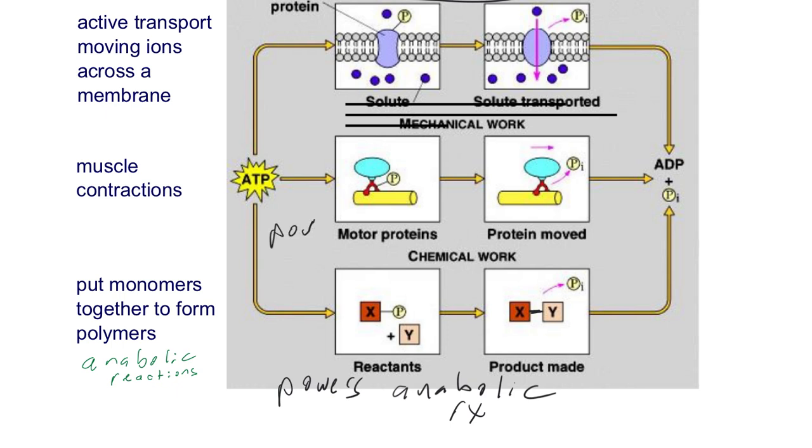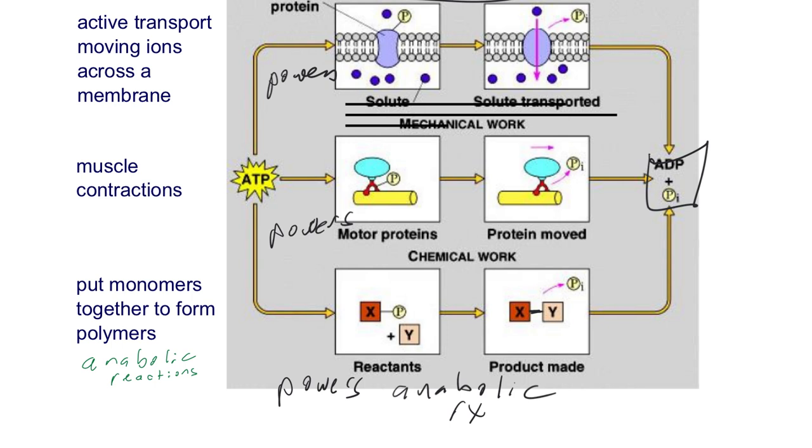So ATP powers all these things in the sense that it provides energy that's needed for these reactions to go. Okay, ATP will turn into ADP plus that extra phosphate group after it gives off its energy.